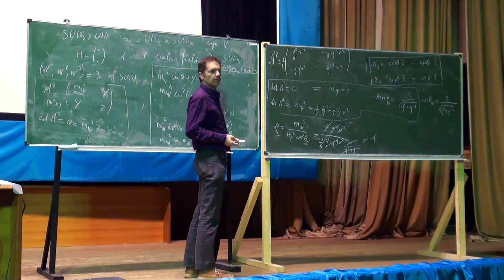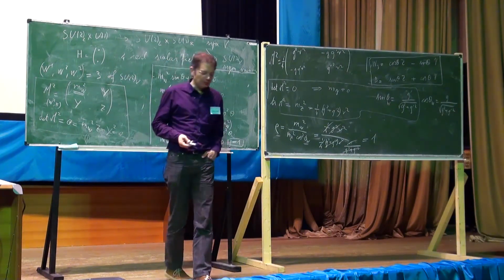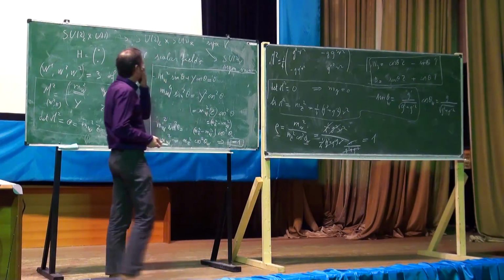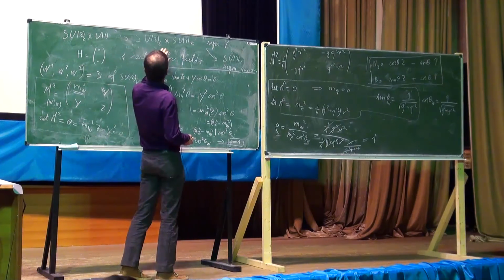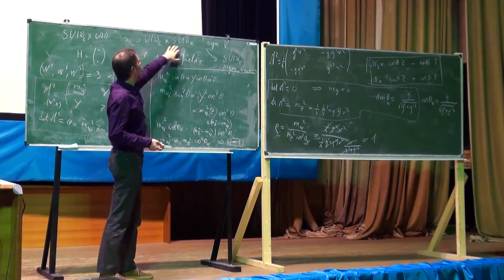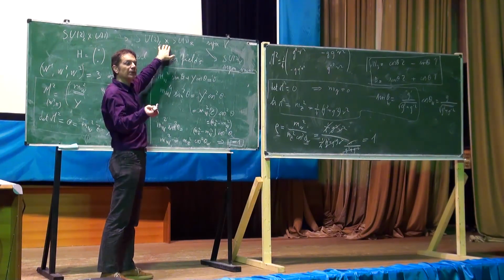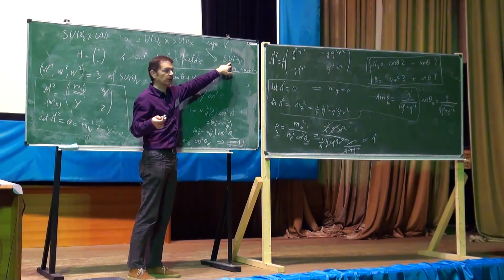If you have two doublets. Two doublets is very interesting indeed, because here we start with SU2 times SU2, which is SO4. With one doublet we break SO4 to SO3, and SO3 is the diagonal SU2, so it's the custodial symmetry.